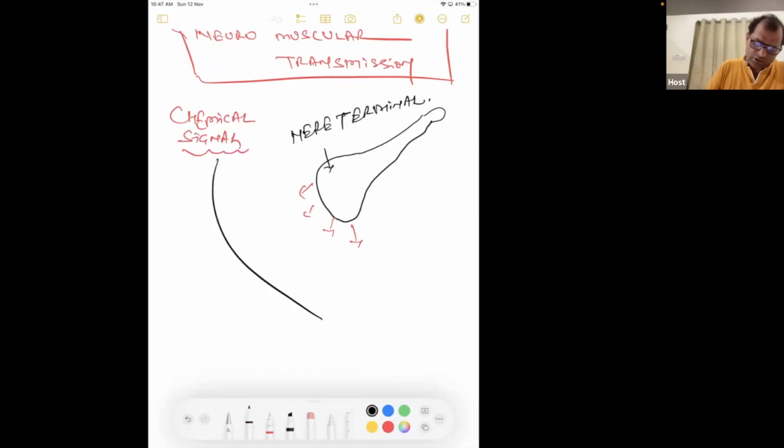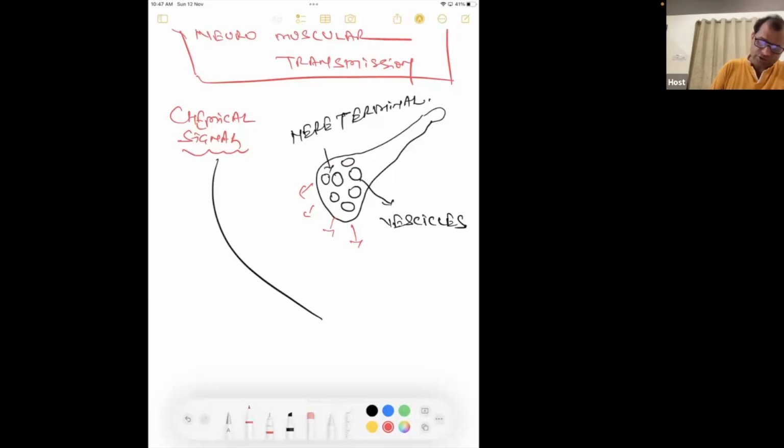So in the nerve ending, there are many pouches. The name of these pouches is vesicles. Vesicle means pouch.